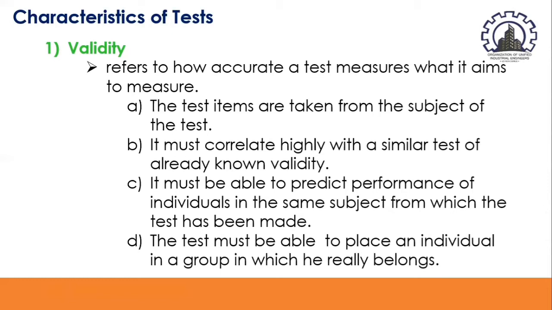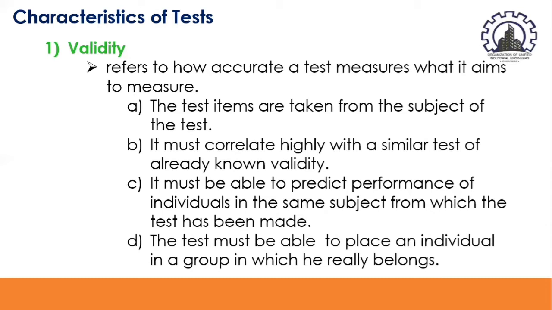This means to say that if a test aims to measure knowledge and proficiency in geometry, and it does measure knowledge and proficiency in geometry, then it is a valid test. However, if it measures knowledge and proficiency in algebra instead, then it is not valid.